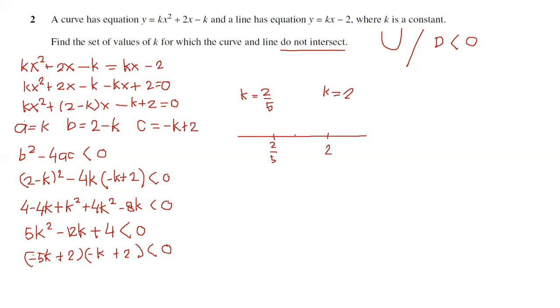If we examine 1, between 2/5 and 2, in this inequality, it means negative 3 less than 0.